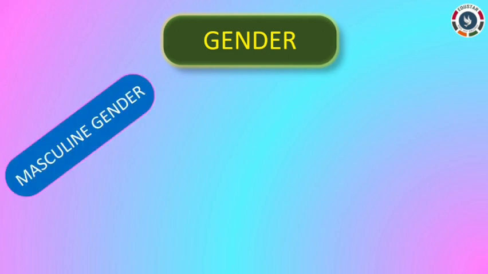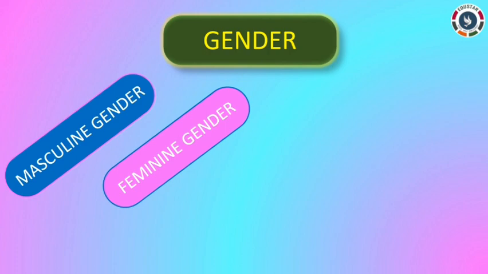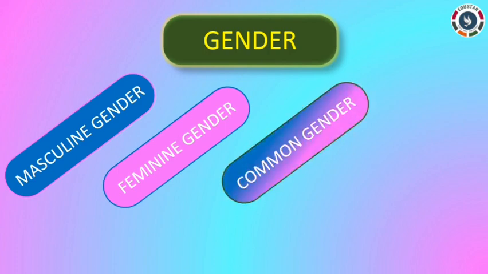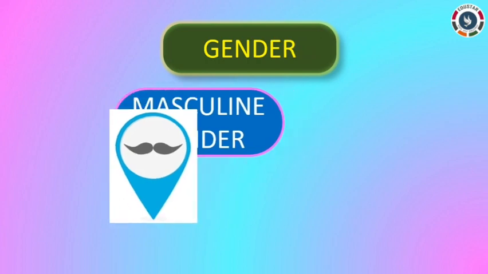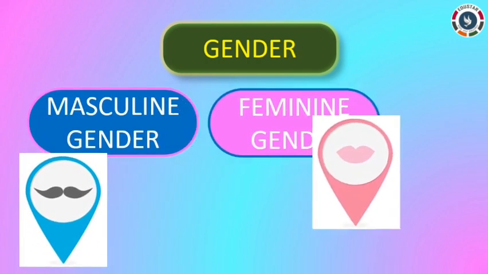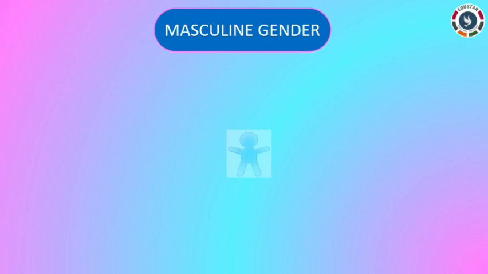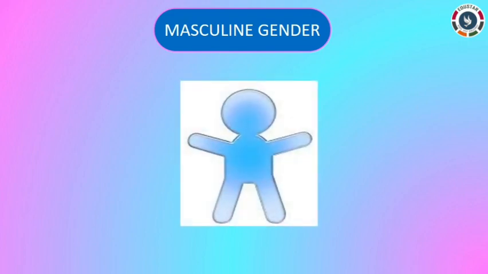Gender is a category of noun, and based on this, we can divide it into 4 groups as masculine gender, feminine gender, common gender, and neuter gender. In this part, we will learn masculine gender and feminine gender.